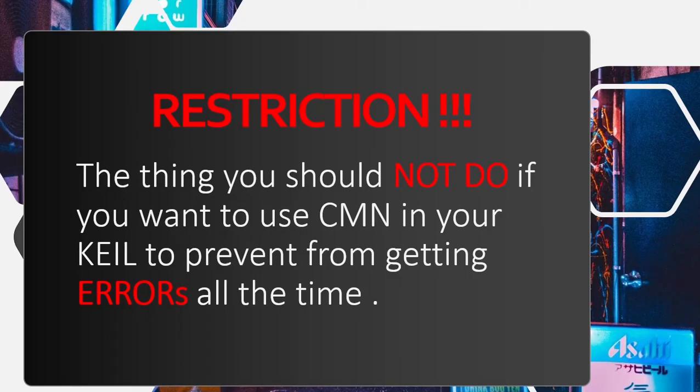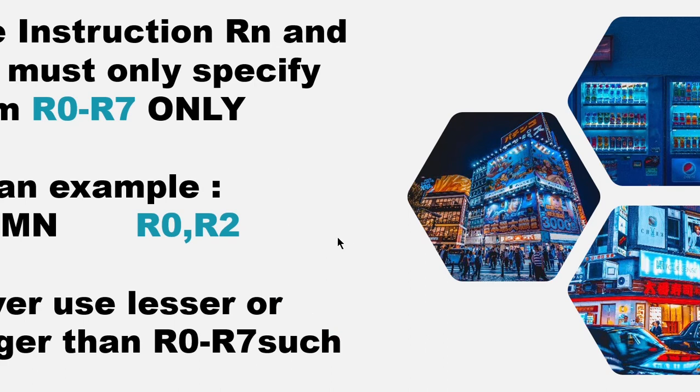As for the restriction, it is the thing you should not do if you want to use CMN in your Keil to prevent getting errors all the time. Fortunately, for CMN there is only one restriction that you have to follow, which is that Rn, the first register, and Rm, the second register, must only be specified from R0 to R7.